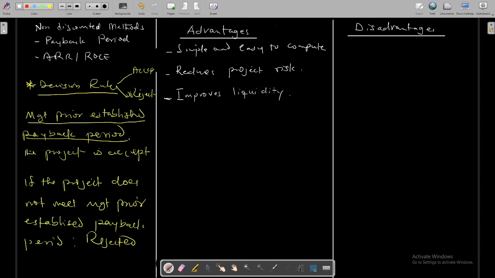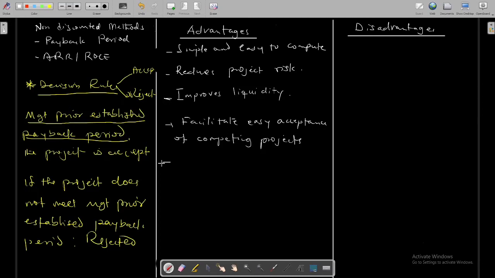The next one is that it facilitates easy acceptance of competing projects.